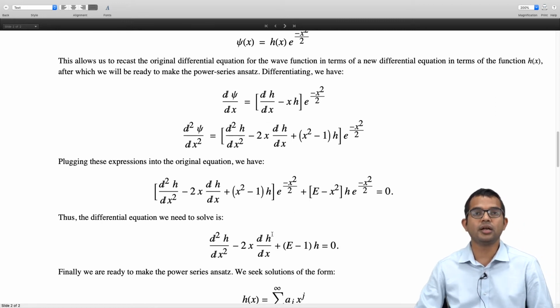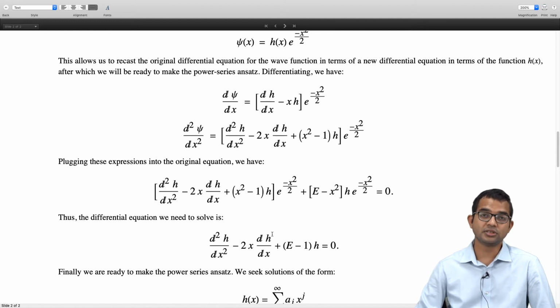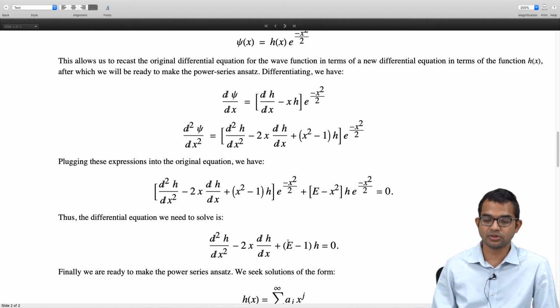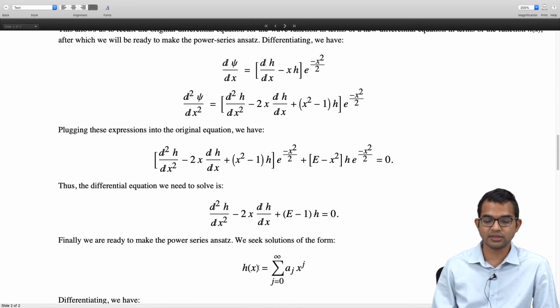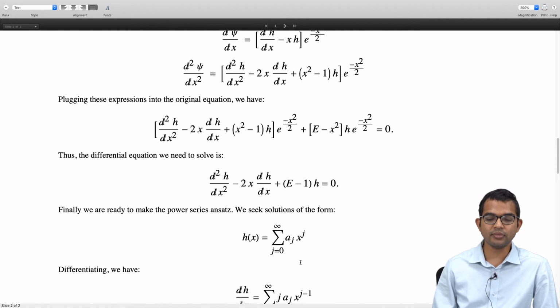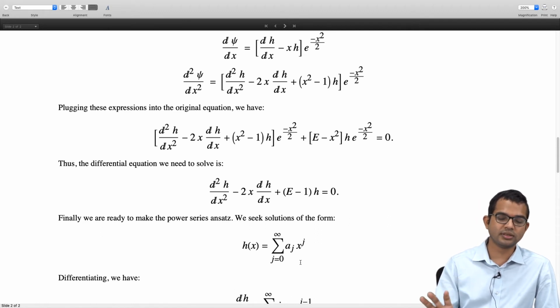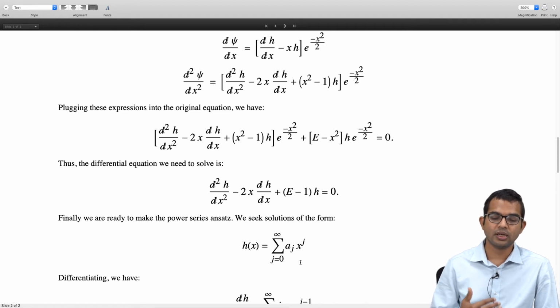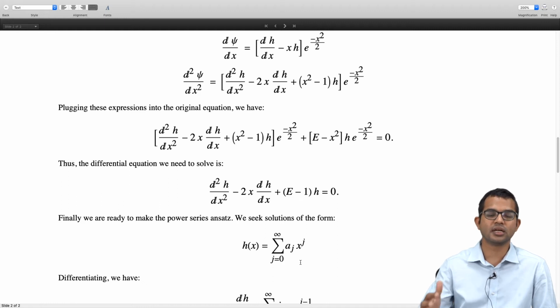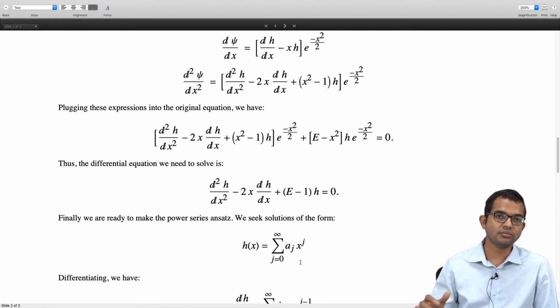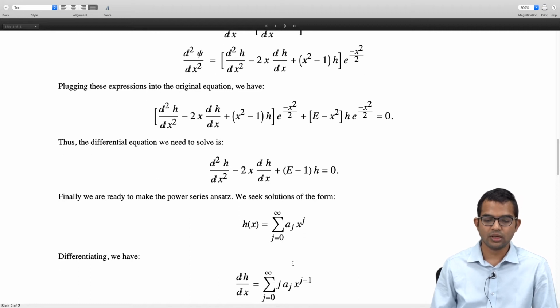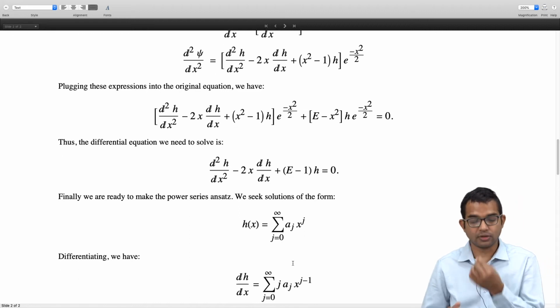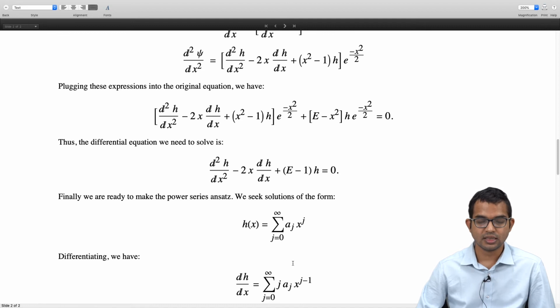So finally we are ready to make our power series ansatz. We seek solutions of this form: h of x is equal to the summation over j of a_j x to the j, right? So we assume that this is a convergent series, and it has all these nice properties, so that you can differentiate term by term and the convergence remains unharmed, right?